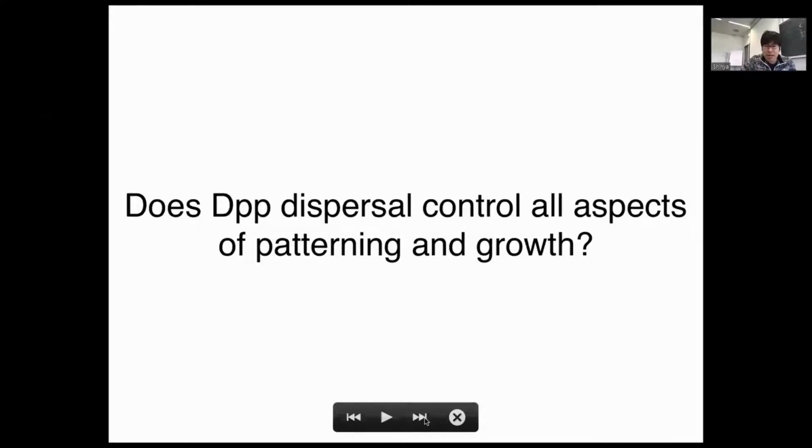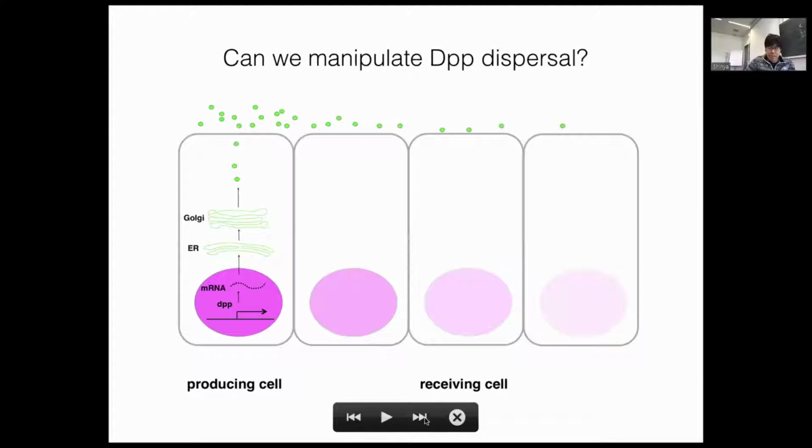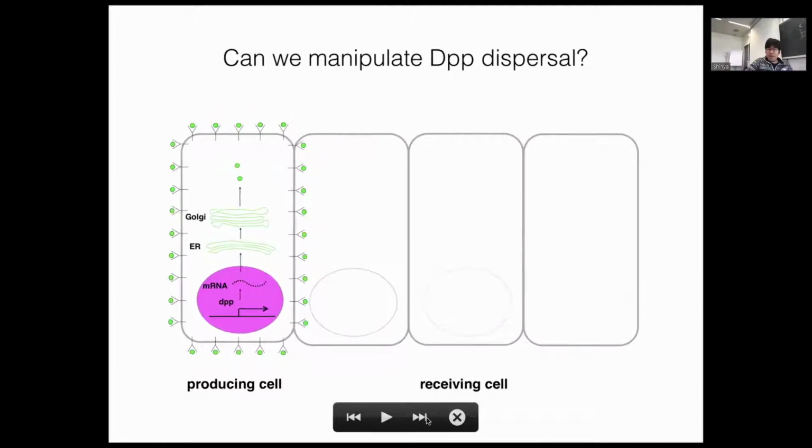But to ask these questions, the question is, can we manipulate DPP dispersal? So the ideal experiment would be to somehow trap this morphogen in the producing cells, and basically block the dispersal.